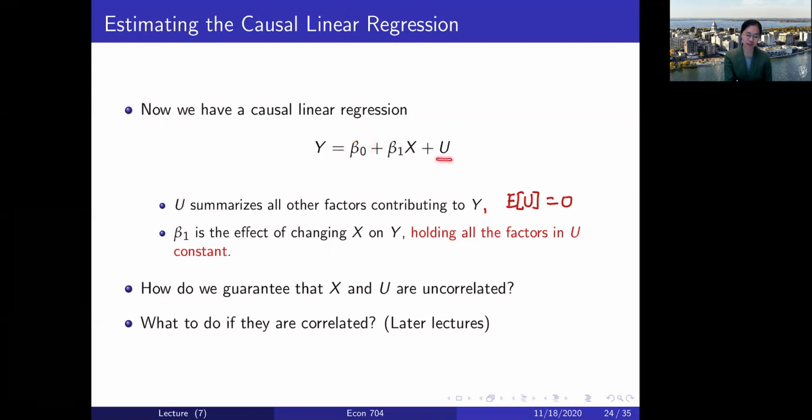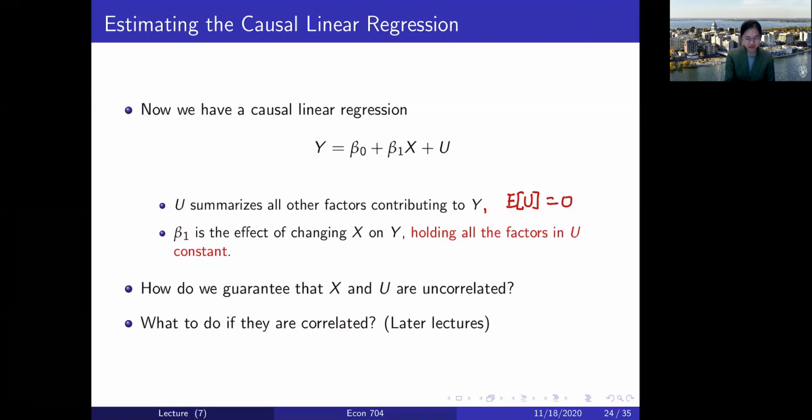If U doesn't have expected value 0, then we can change the model so that beta 0 captures the expected value of U, and we can define a new error term that has mean 0. So in general, we take this as given, as a normalization.